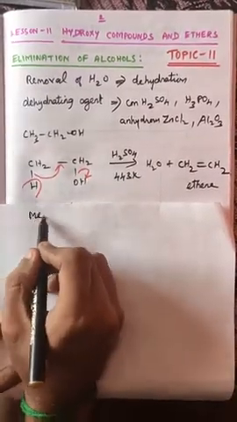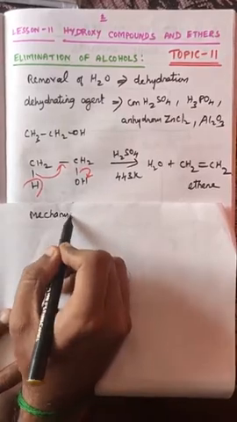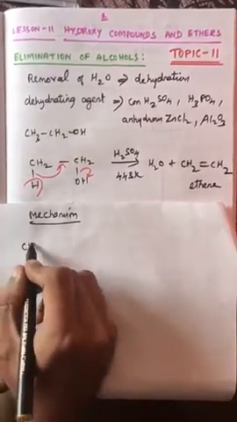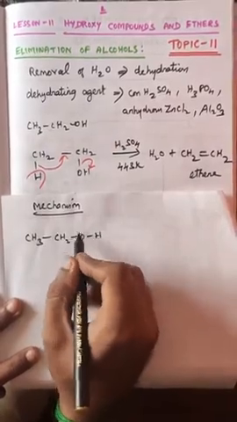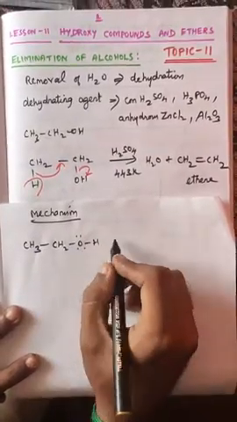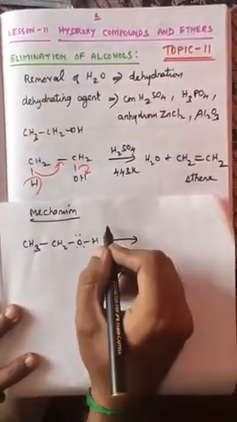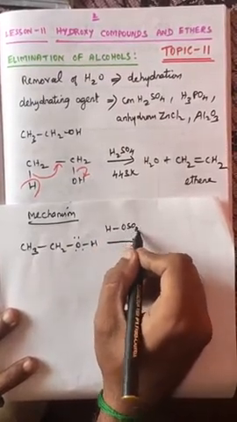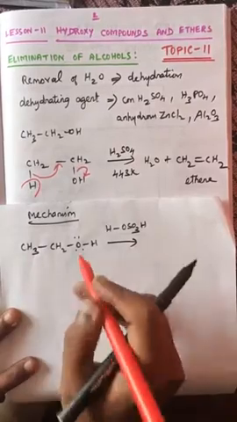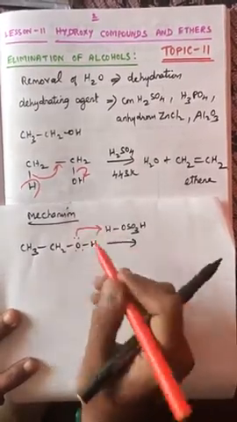Now let us see the mechanism for the same reaction. I am going to take ethyl alcohol, CH3 CH2 O bond H. This oxygen contains two lone pairs of electrons. I am going to write the sulfuric acid in ionic form, H bond O SO3 H. One of the lone pairs will make a bond with the hydrogen.